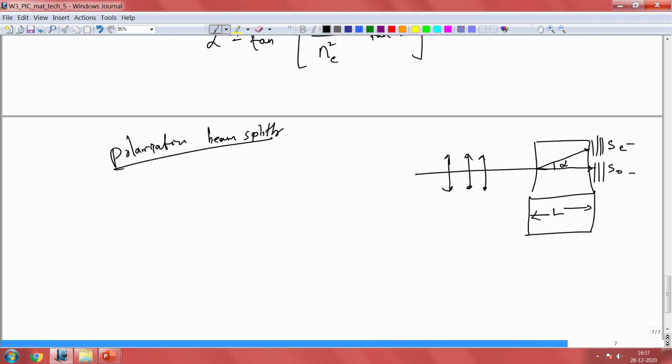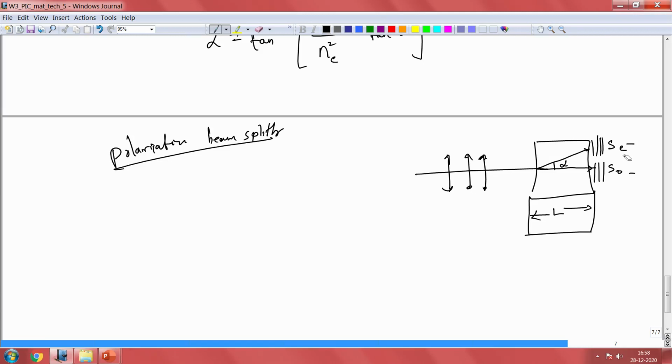This is used in a lot of quantum photonics implementations of gates and information processing, where you want to take a photon and split it. You have a bunch of photons coming in with a certain polarization, and you want to split it. We do this using spatial splitting.